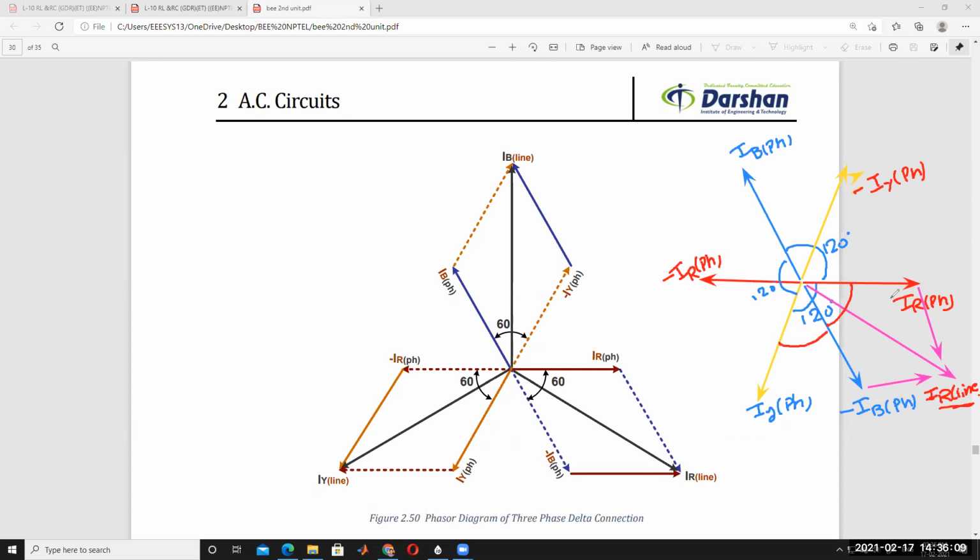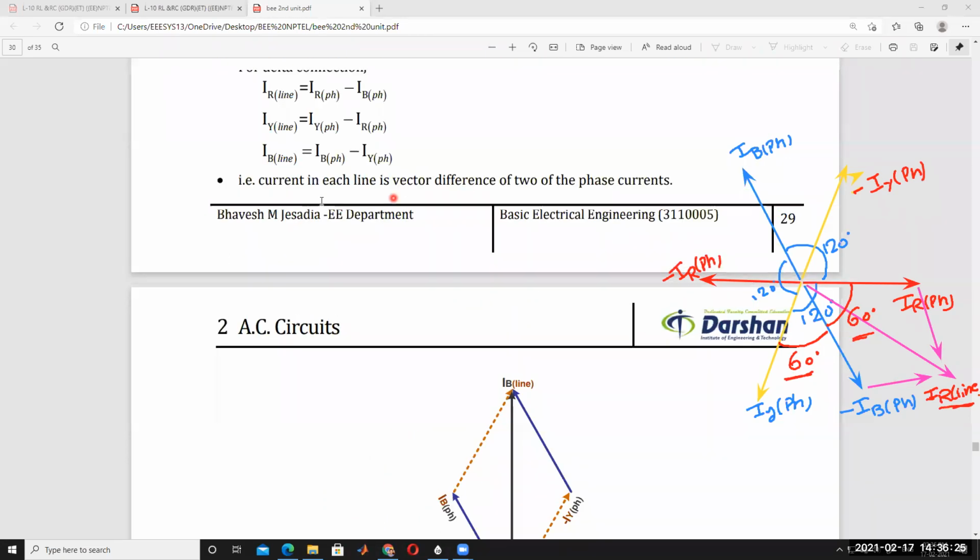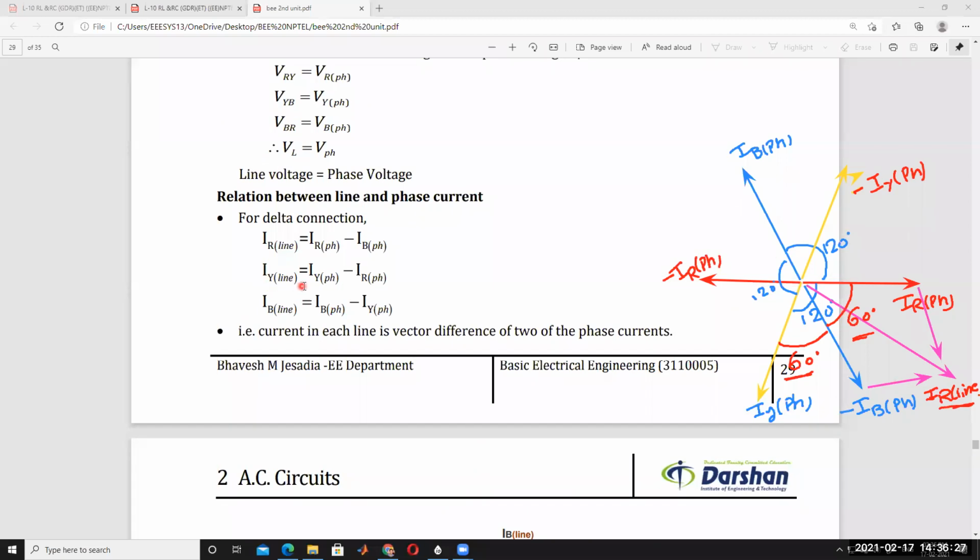Between R phase and Y phase, minus IB phase is dividing exactly into 60 degrees. It's clear. So similarly, all of you draw IY line and IB line. It's clear.